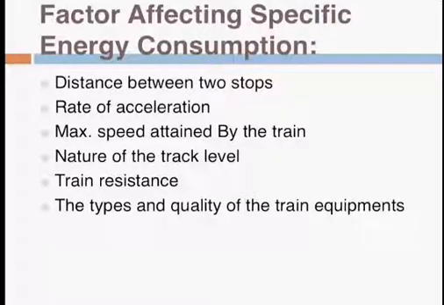That means types and qualities of train equipments. So these are the 6 factors which affect the specific energy consumption. As you know, the specific energy consumption of a train which is operating at a given schedule speed depends on these factors.